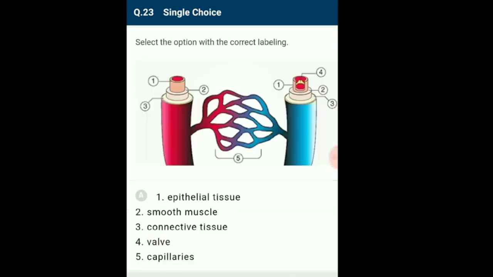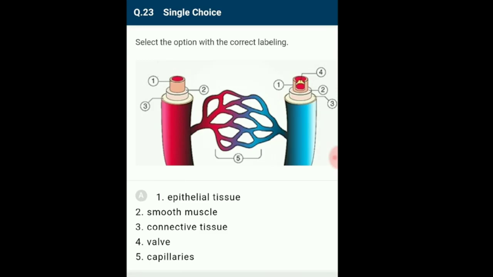Question number 23. Select the option with correct labeling. Arteries carry blood away from the heart where it branches into even smaller vessels called arterioles and further branches into small capillaries where the exchange of nutrients and other waste molecules occurs. Veins carry blood towards the heart where it branches into even smaller vessels called venules and further branches into small capillaries.